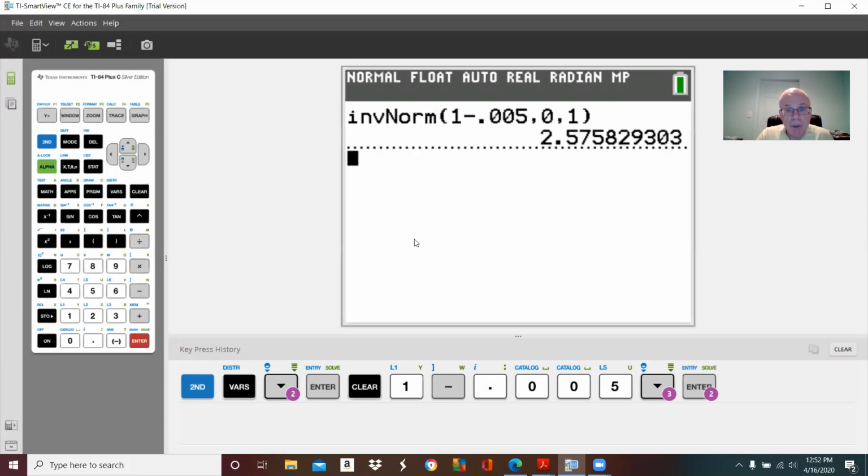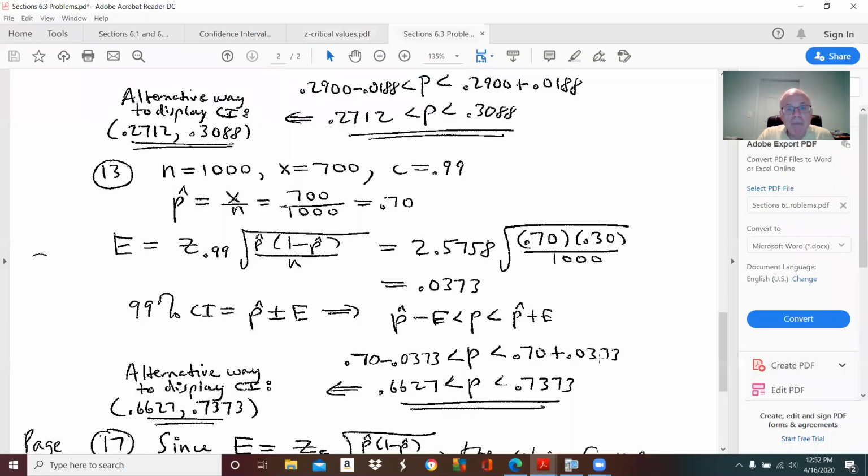And there we go, 2.57. And if we round to the 3rd decimal place, it would be 2.576, or I think I used in this case 2.5758, rounding at 4 decimal places. That's what I did. Yes. That's where I got the critical value for a 99% confidence interval.